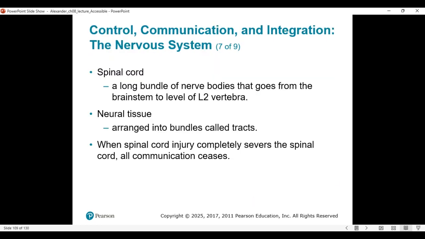Spinal cord, it's a large bundle of nerves that goes from the brainstem all the way down to the L2 or the lumbar vertebrae. Neural tissue is arranged in bundles called tracts. And whenever the spinal cord is completely severed, all communication below that point will cease.